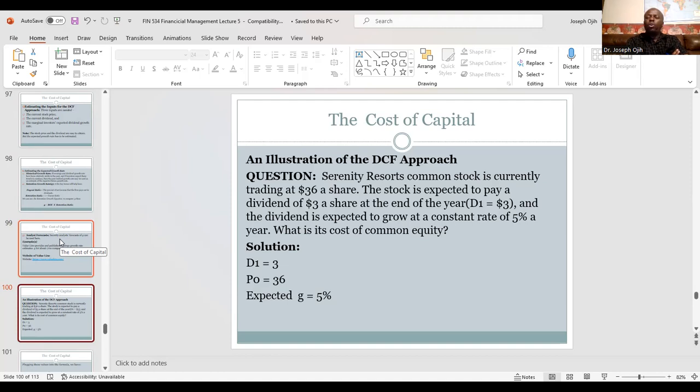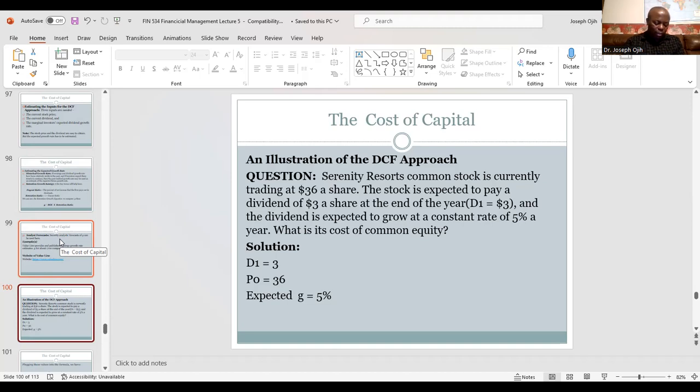What is its cost of equity? So we are given the stock price as $36 per share, the dividend at the end of year one, which is $3 per share, and the dividend is expected to grow at a constant rate of 5%. So we have the three inputs. What is the cost of common equity?